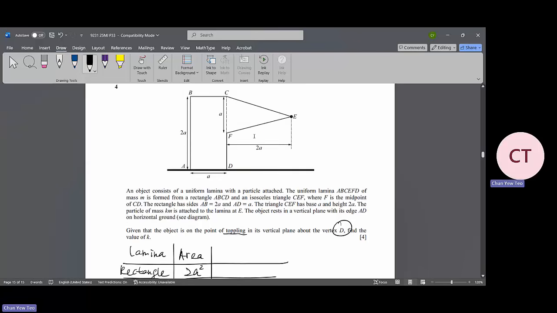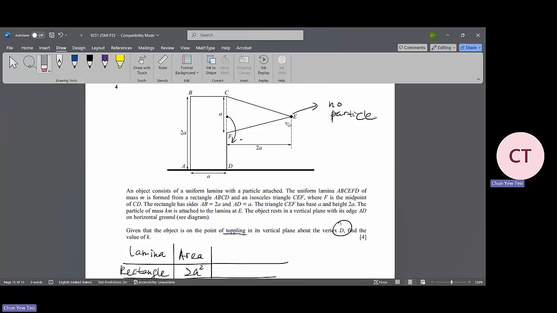So now we want to find the center of mass. At first, no particle. Because this question mentions that with the particle attached over here, it will be at the point of toppling.